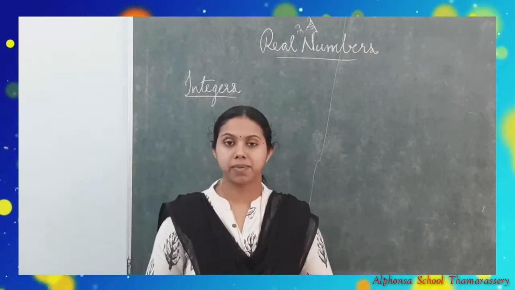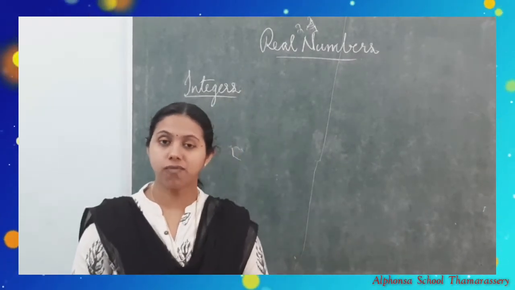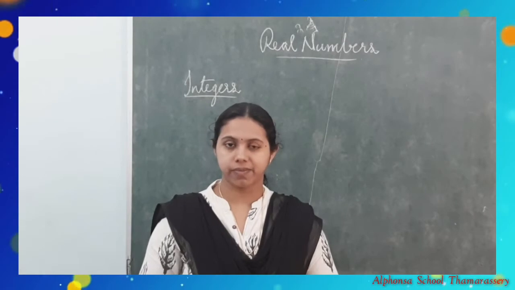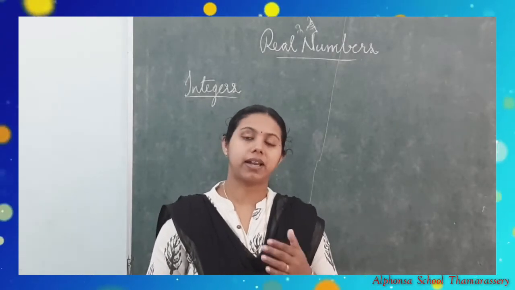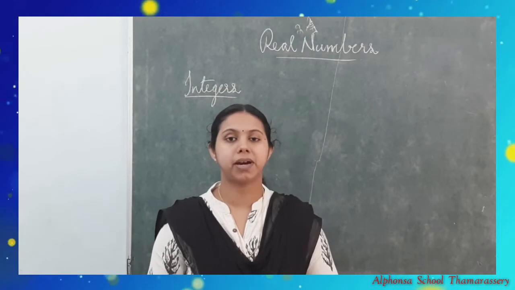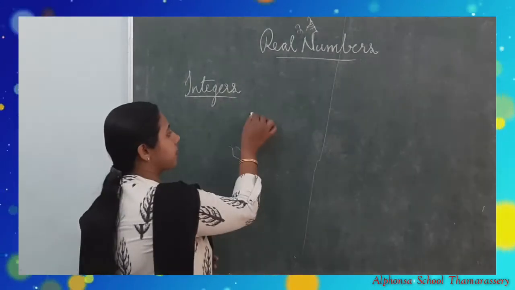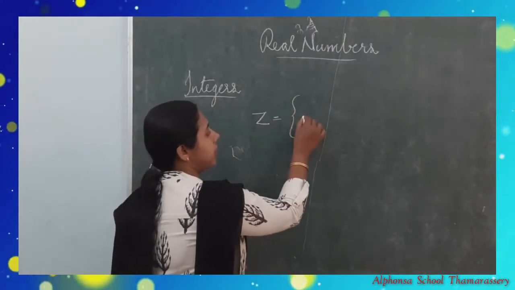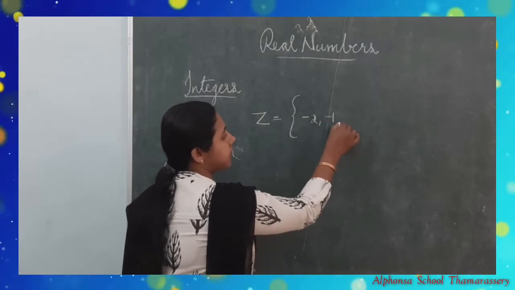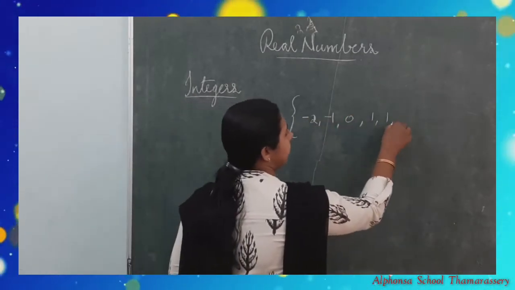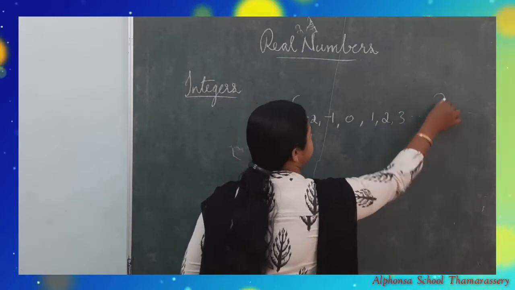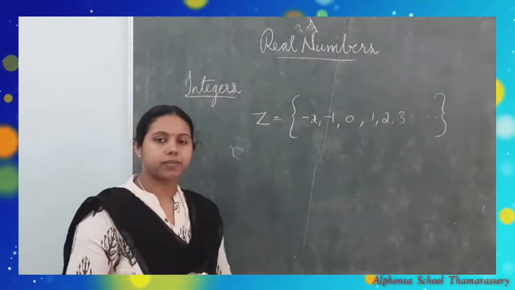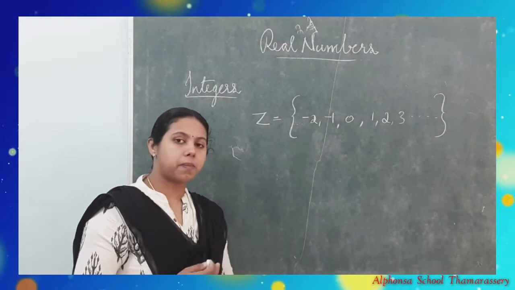The next set of numbers are integers. The collection of whole numbers and negative numbers are called integers. The collection of integers is represented by the letter Z. It is written as Z is equal to the set of negative numbers, whole numbers and natural numbers, etc. We know that the first set of numbers are natural numbers.